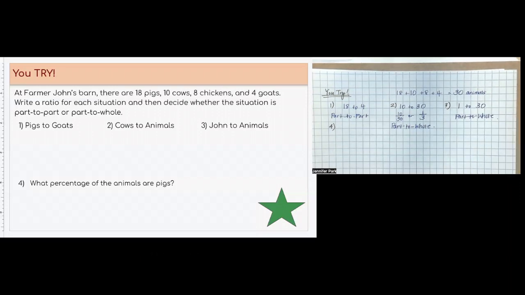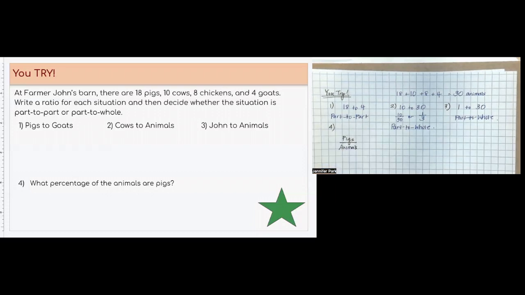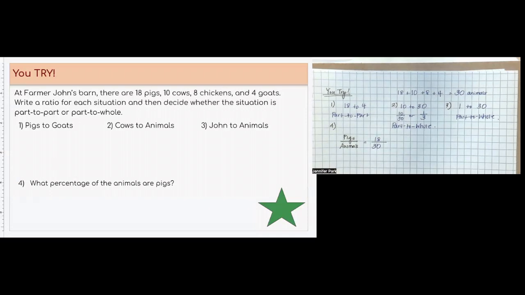Number 4, what percentage of the animals are pigs? As a percentage, so let's first write the ratio. We want to compare pigs to animals, and that comes out to be 18 pigs out of 30 animals. So what is that as a percentage? 18 out of 30.